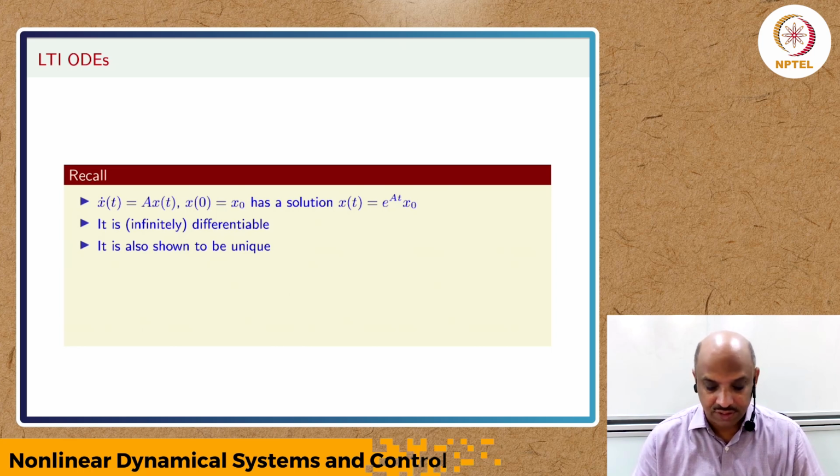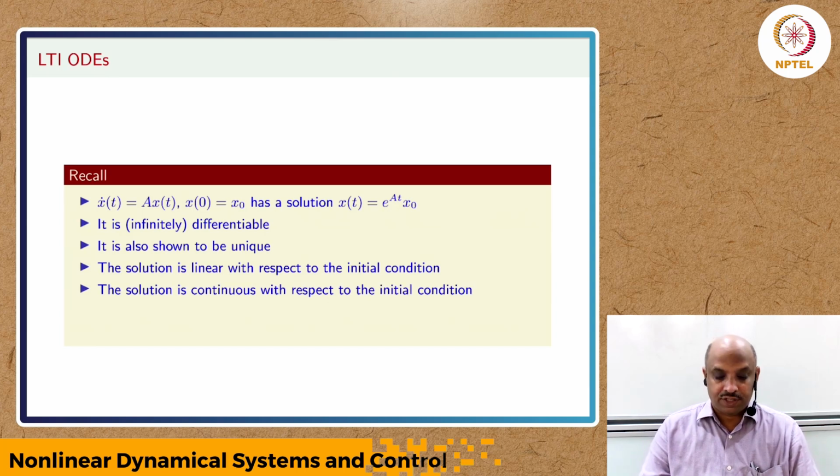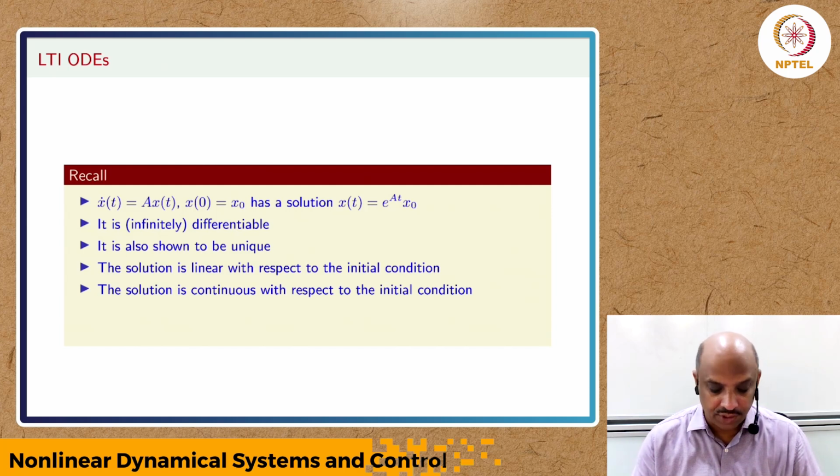It has to be piecewise differentiable. So this is much more than that, and it's also unique. And of course, the solution is linear with respect to the initial condition. That's the nature of linear systems. The solution is also continuous with respect to initial condition. It's linear, so certainly it's continuous with respect to the initial condition.